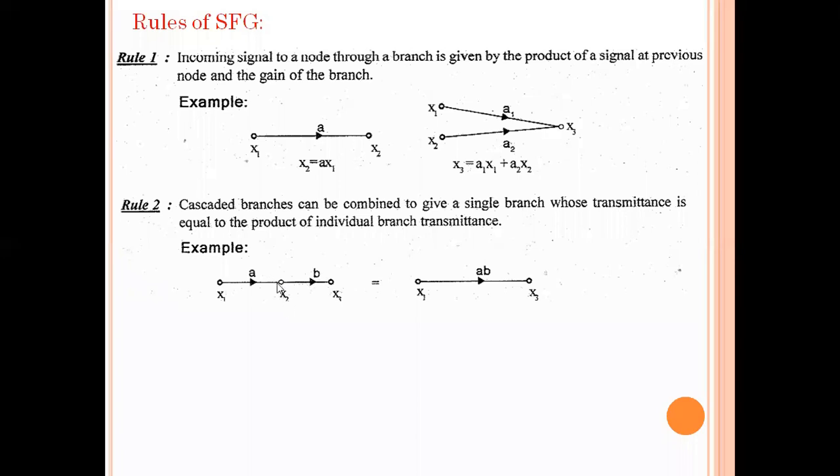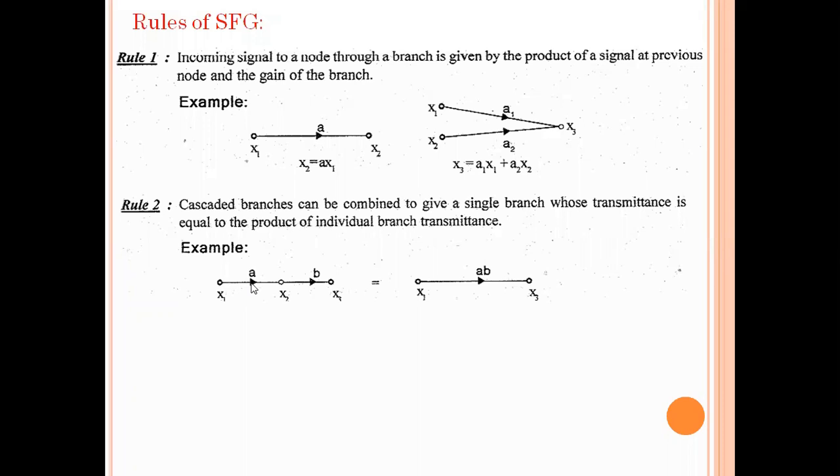Simply we can multiply these branch gains, so a into b, ab, and we eliminate x2 because we are multiplying these two. So that means we'll have only x1 and x3.